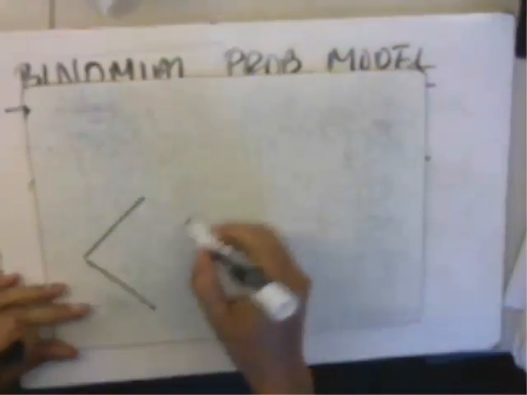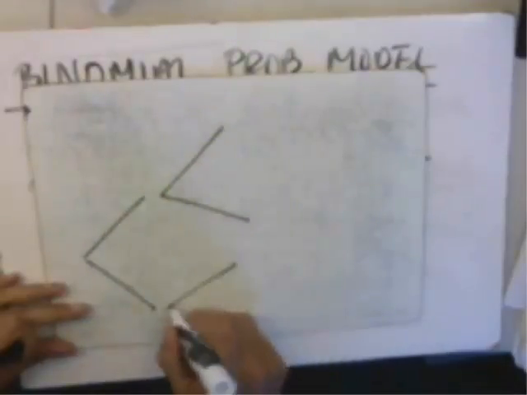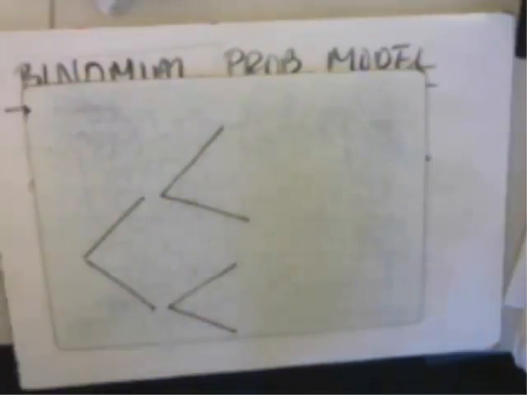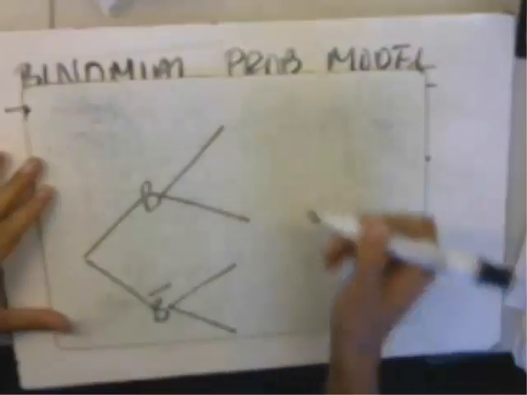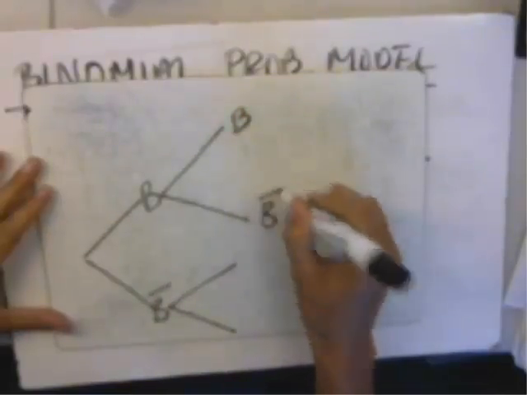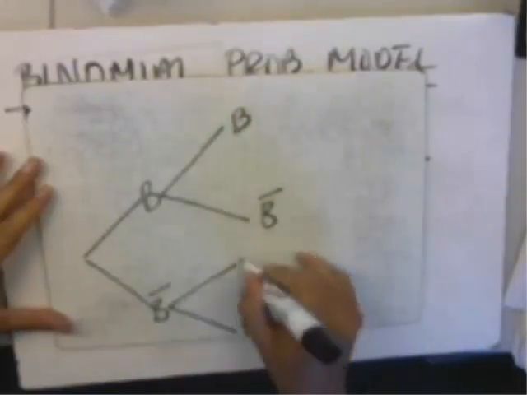All right, so the idea is, well, let's say that we do some sort of gender sorting thing where it's going to be more probable to have a boy than not have a boy.